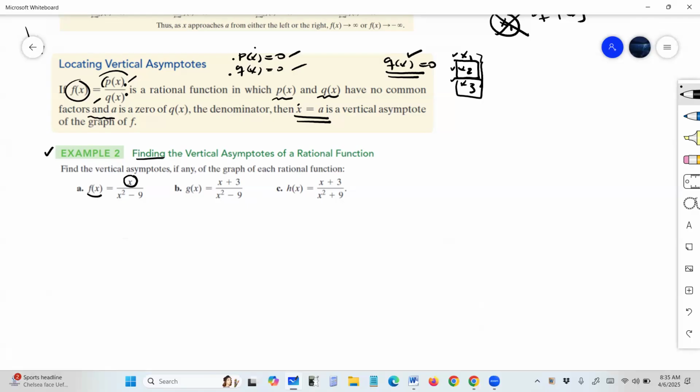So instead of solving the denominator, setting it to 0, and setting the numerator to 0 and solving for x, what we are going to do is completely factor the numerator and completely factor the denominator. In this case, for the numerator there's nothing to factor, and the denominator I'm going to factor this way.